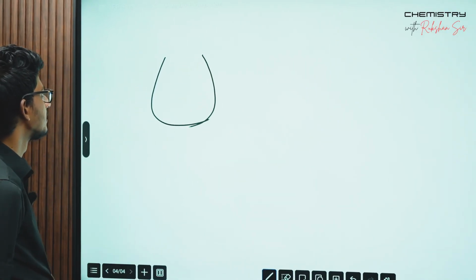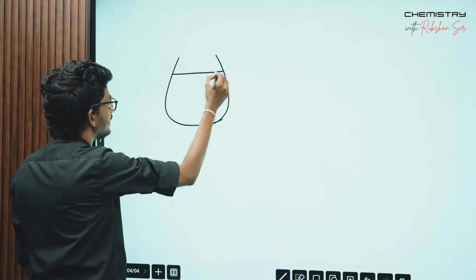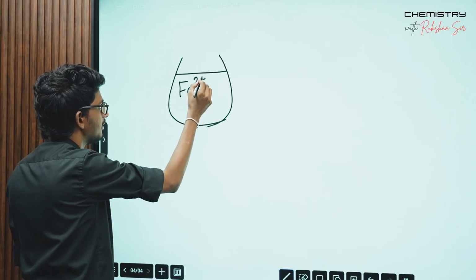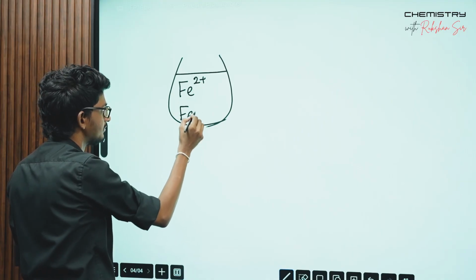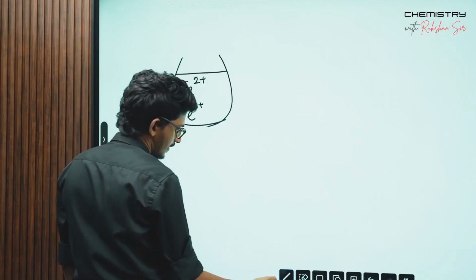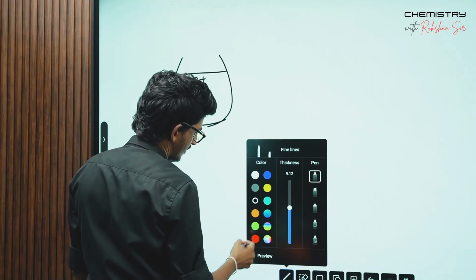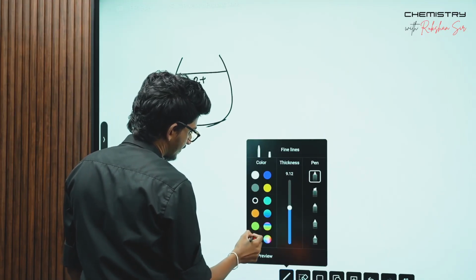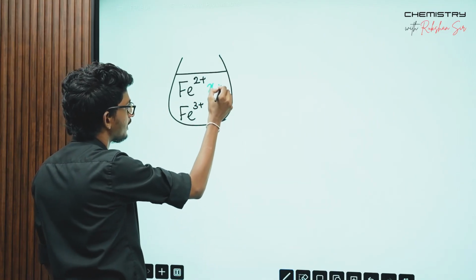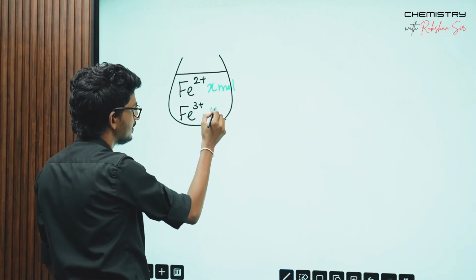Let's say you are with a Fe2 plus ion and a Fe3 plus ion. Let's say this guy is with some X moles, and this guy is with some Y moles.